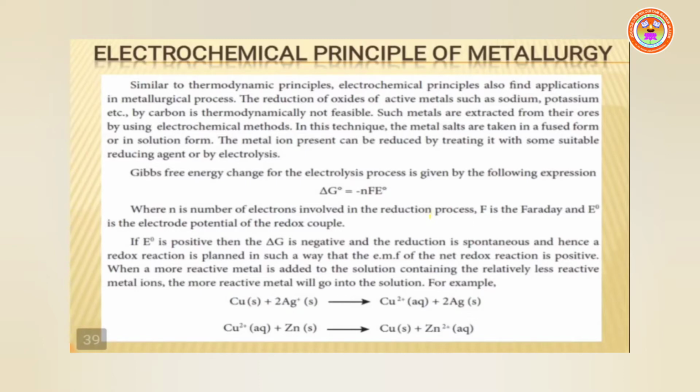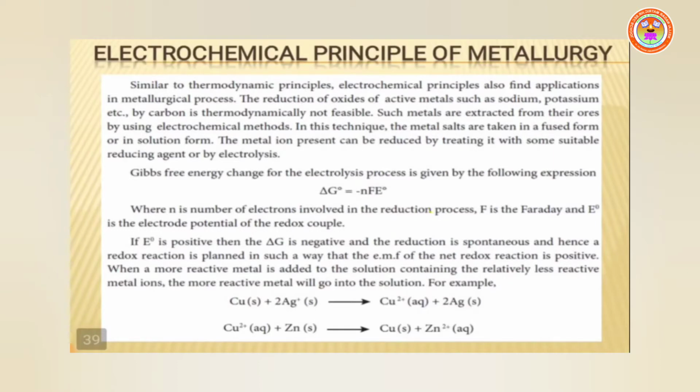In the electrochemical method, the metal salts are taken in a fused form or in solution form. Then the metal ion present in the solution is reduced to metal by treating it with some suitable reducing agent or by electrolysis.